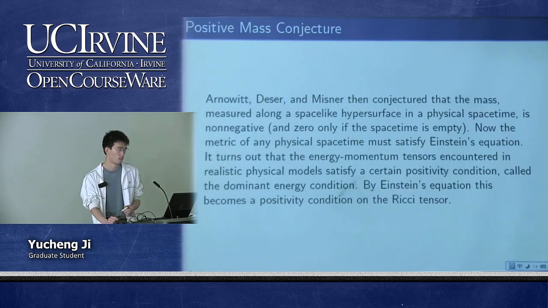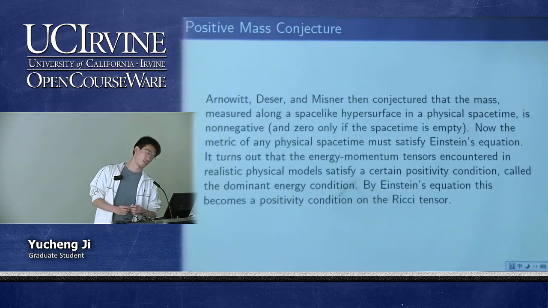For the Kerr solution, this quantity is also m. Then ADM conjectured that the mass measured along the space-like hypersurface is non-negative, and it's zero if spacetime is empty. Now, the metric of any physical spacetime must satisfy Einstein's equation.